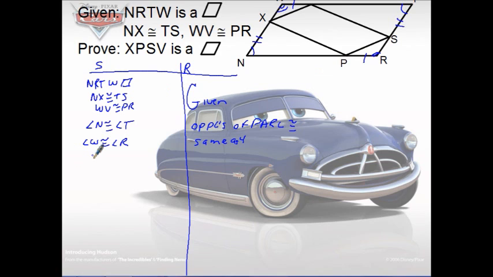Next, I'm going to say that TR is congruent to WN. Opposite sides of a parallelogram are congruent. TR, WN. So by subtraction, WX is going to be congruent to SR.